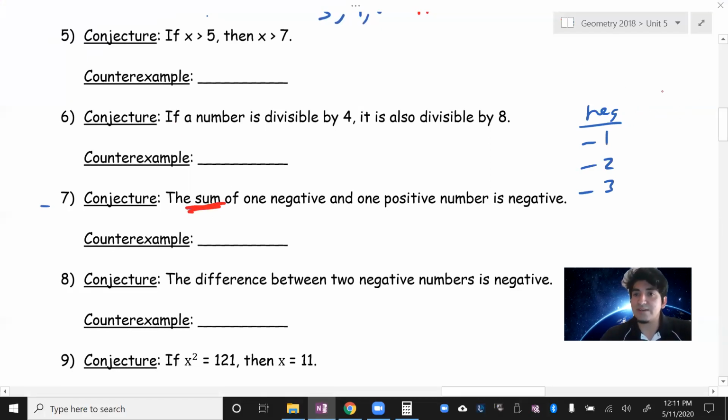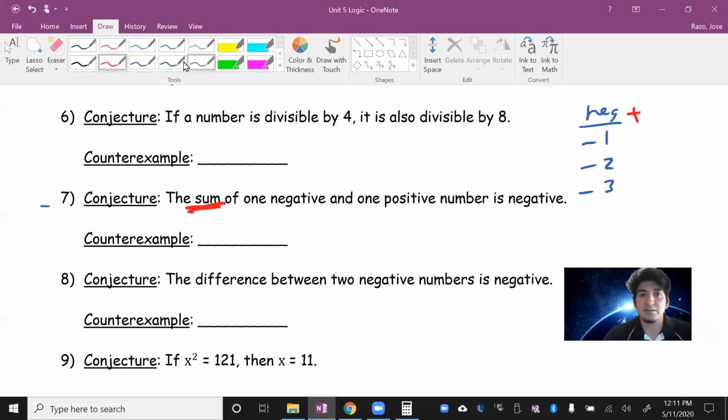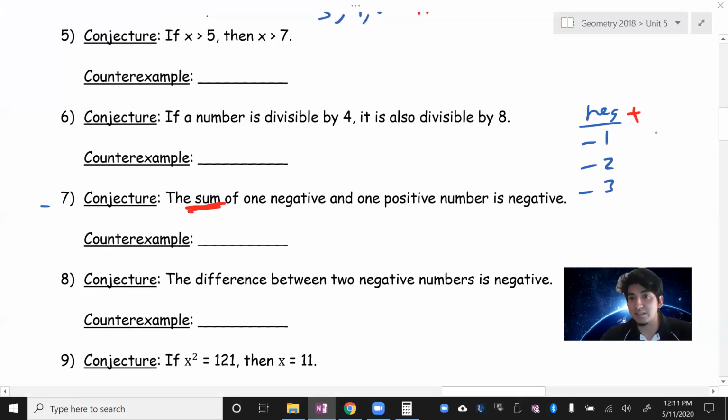So if I have a negative, like negative 1, 2, and 3, plus a positive number, which is green, I'm going to say 2, I'm going to say 3, I'm going to say 4. And I know I'm making these up, guys, okay, as I'm going. So these are positive. Okay, so that means they have to be negative at the very end of it.